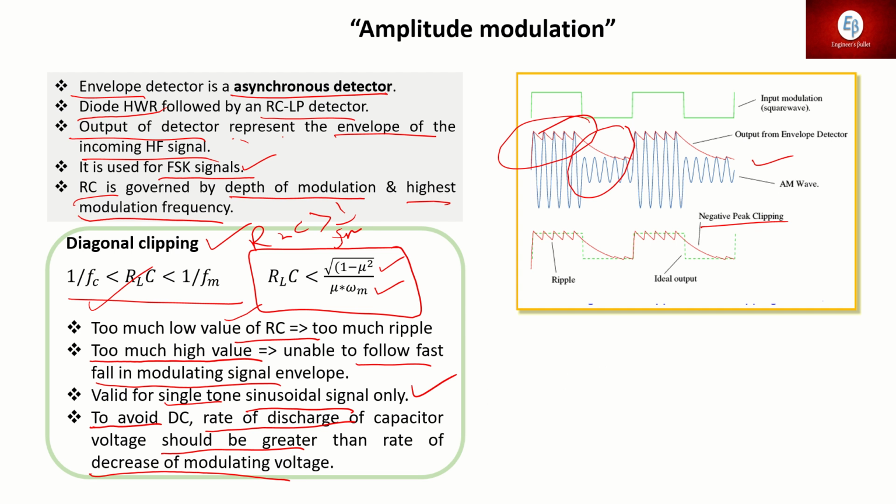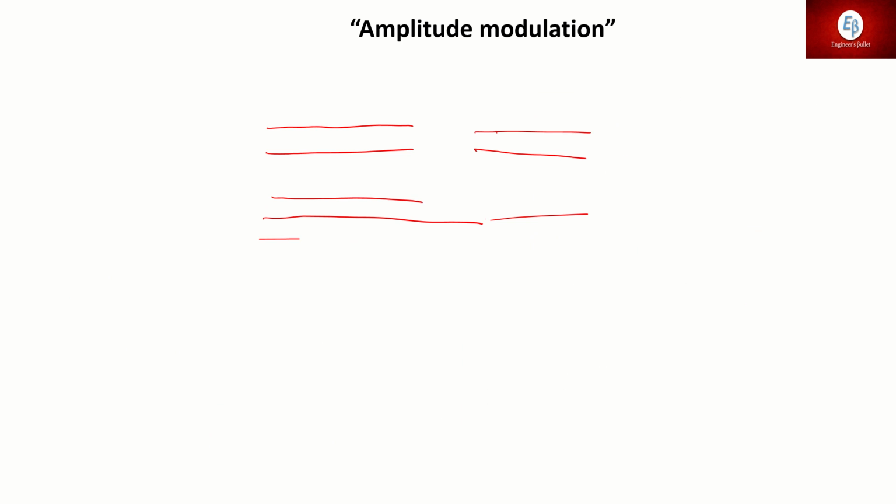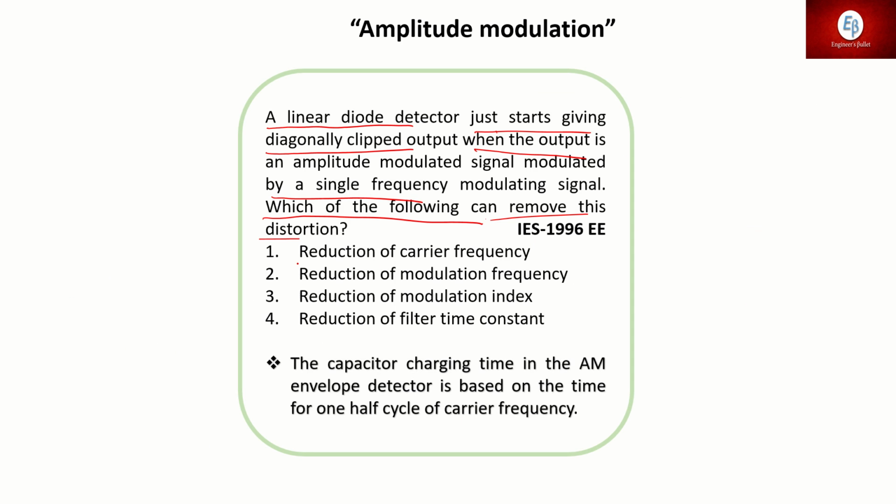It means if you have to decrease the diagonal clipping, then you have to reduce the carrier frequency. This statement is correct. You have to reduce the modulation index because RLC is inversely proportional to the modulation index, and you have to reduce the filter time constant.